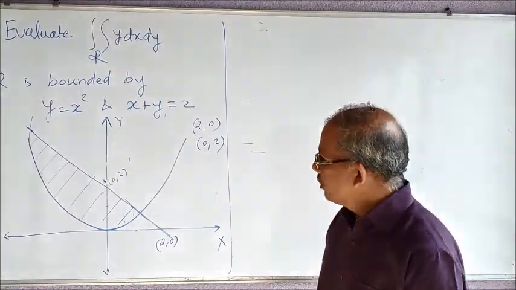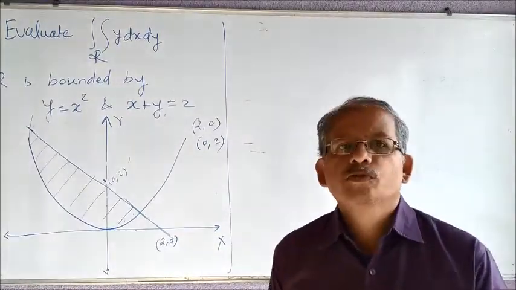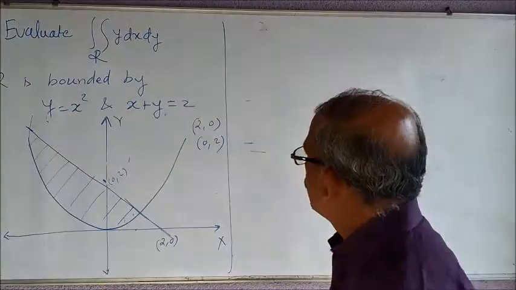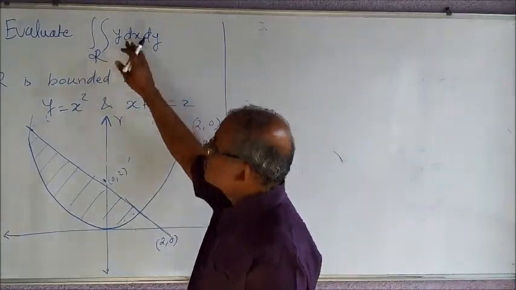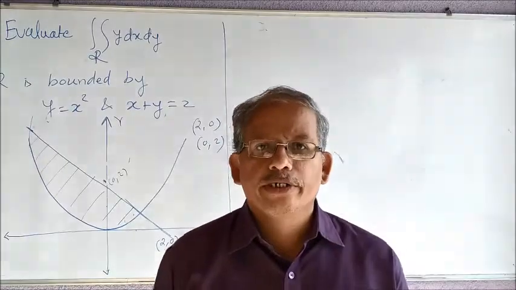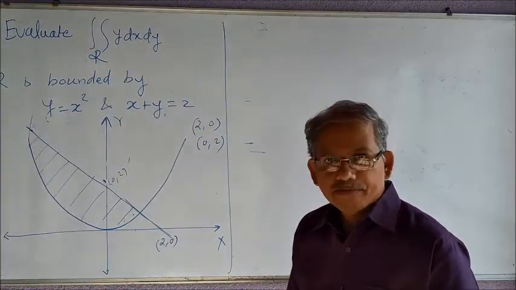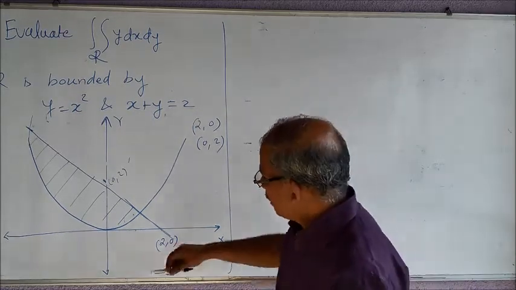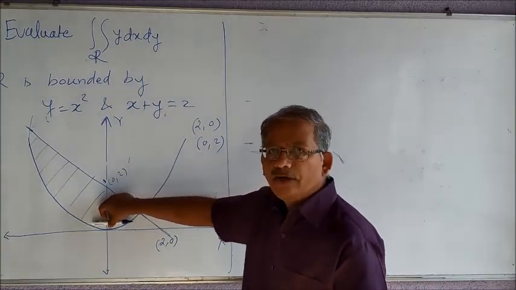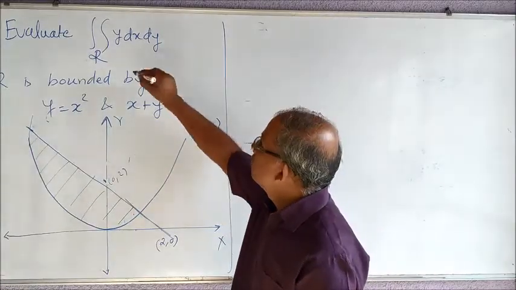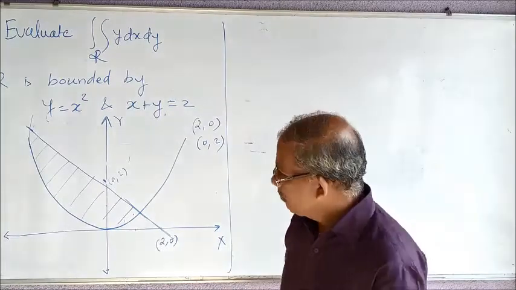Now there is a choice of variable. How you will integrate the inner integration with respect to which variable is very important. I'll explain you why. Suppose I decide to do the integration with respect to x first, what will happen?